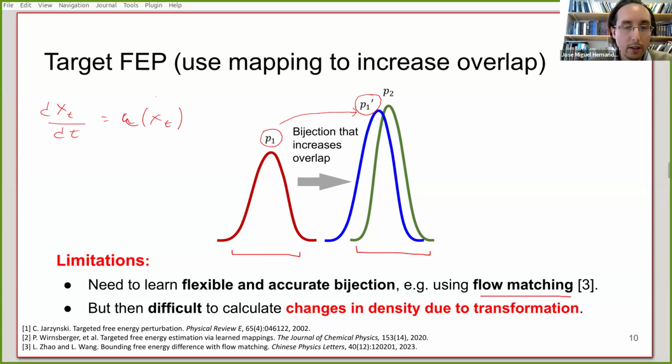This would be U, okay? And the interesting thing is that you can get the density of the transformed samples.